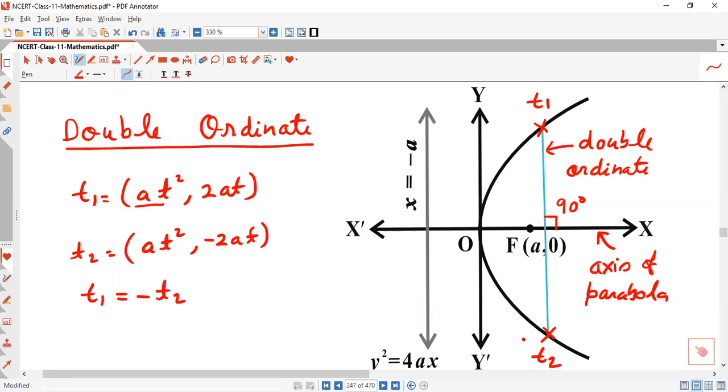So you have seen that the double ordinate is one special type of chord that is perpendicular to the axis of the parabola, and on both sides the T1 and T2 have a very simple relationship, that T1 equals minus of T2.